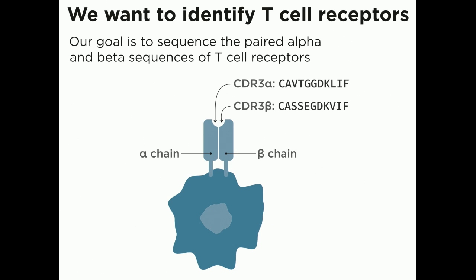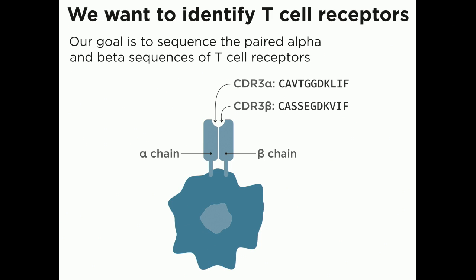And so what do we want to ask? Basically we want to identify these T cell receptors, and we want to quantify them and have an idea of what makes a good T cell receptor, what makes a bad T cell receptor. And in order to do that, we first have to be able to identify them. So our goal here is to find the sequences that make up this groove, the sequences of the groove contributed by both the alpha chain and the beta chain.